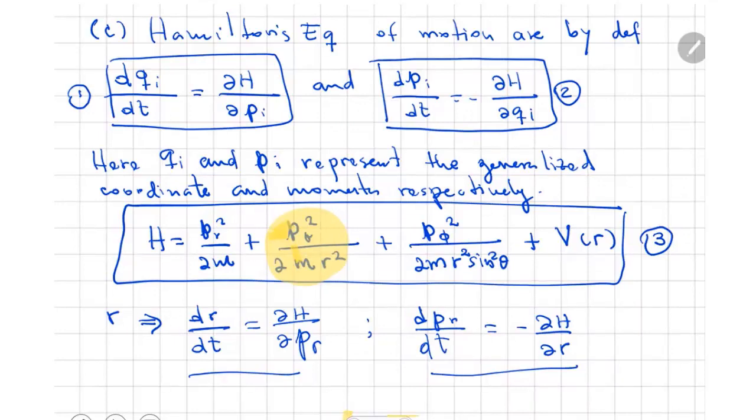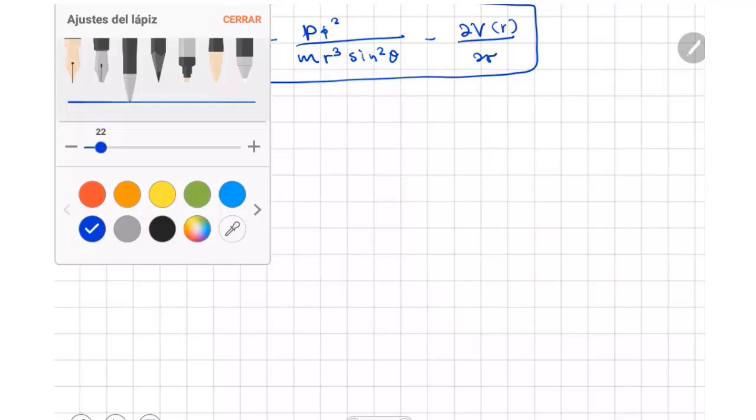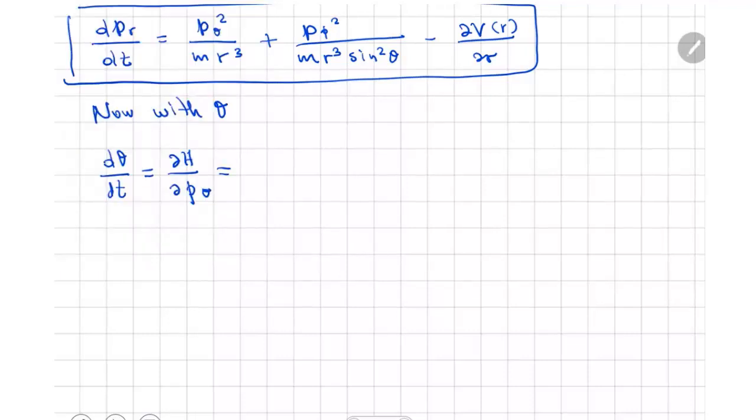So we are going to get dθ/dt equal to the derivative of H with respect to p_theta, where H in this case is p_theta squared divided by 2m r squared.